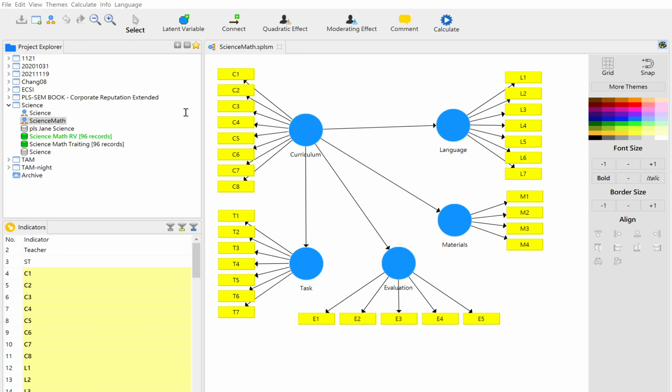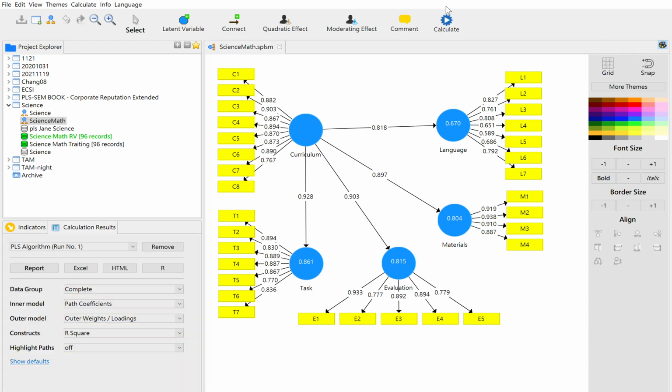Some people say that we could put down 1000 for maximum iterations here, but I'll just keep it at 300, and I start calculation. Now I'd also like to quickly run bootstrapping.